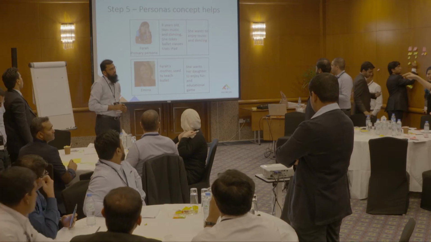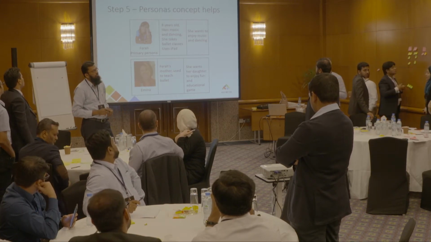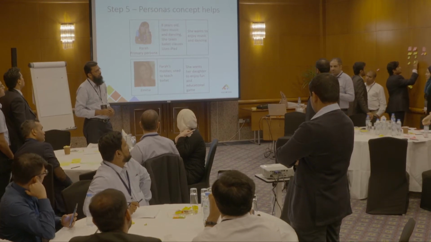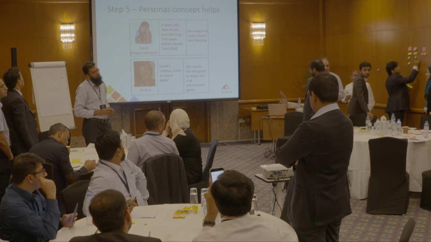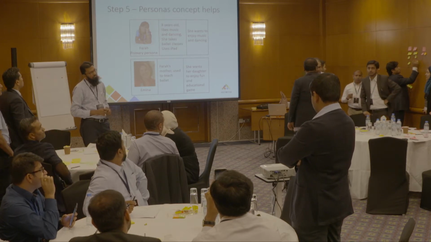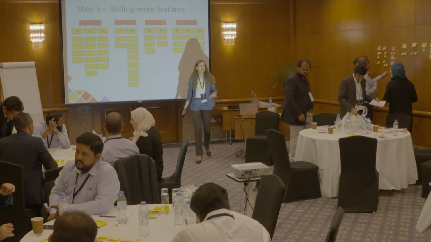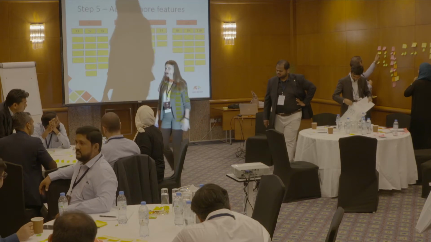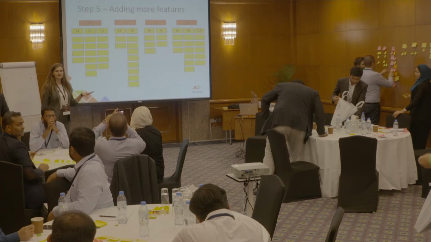Then there is another role, Emina, her mom, who probably wants to control what her daughter is doing in the app. So you will also add features she needs. That's the concept of personas you can use to add user stories and features from different perspectives. Okay, I think all groups have enough features, and we can continue with the next step.